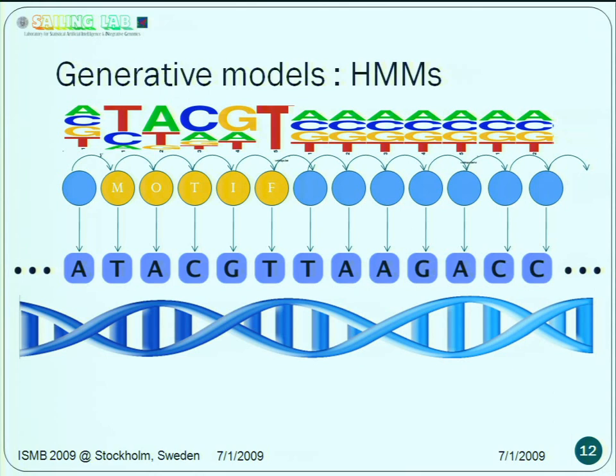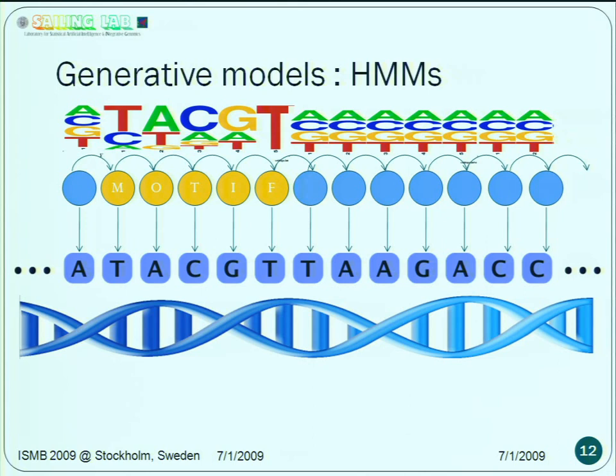So typically here you would have two kinds of states, motif states and background states, and they would be simulating characters from the corresponding PWM or the background distribution. And then, given some training data, you would learn parameters for this model, and accordingly, you would try to find new binding sites using these parameters.